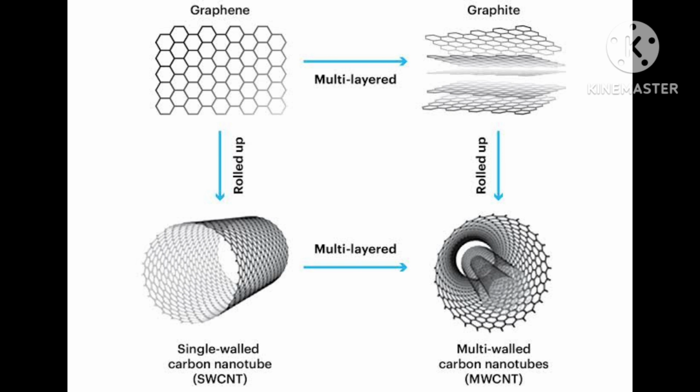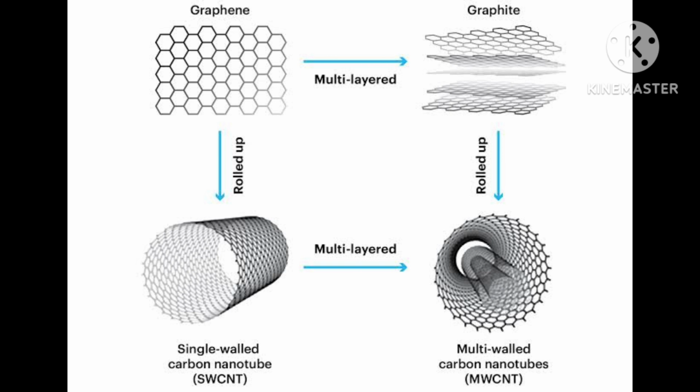That is called bond length, and angstrom is a unit of length. Carbon nanotubes, CNTs, have densities ranging from 1.2 to 2.0.